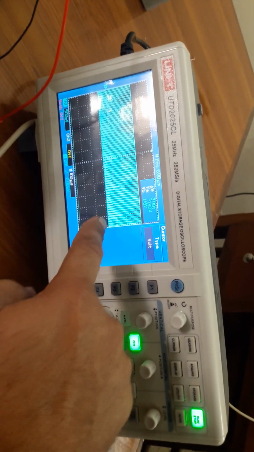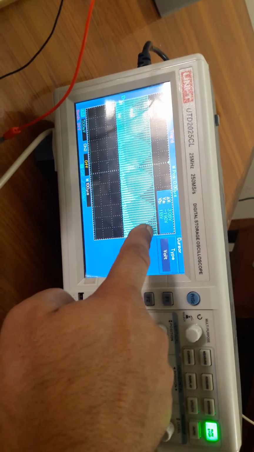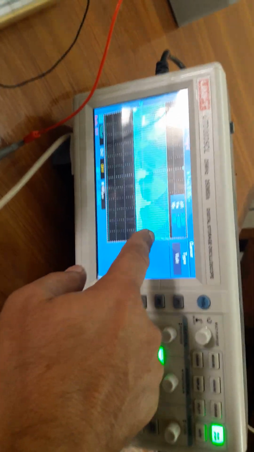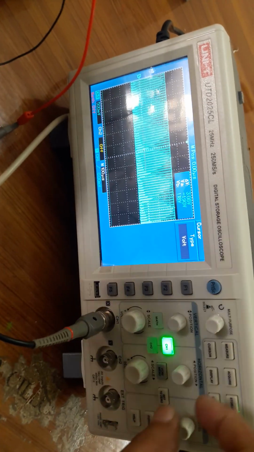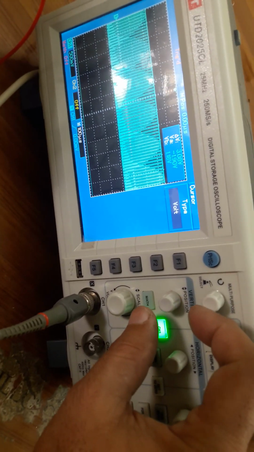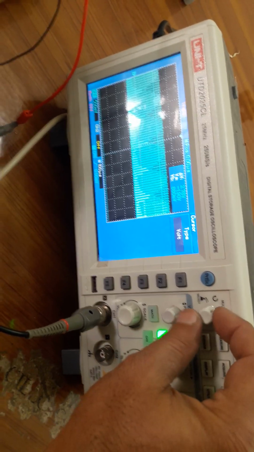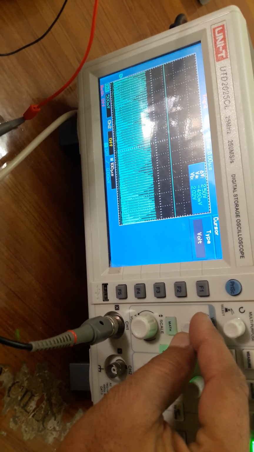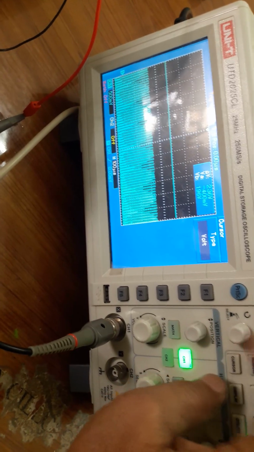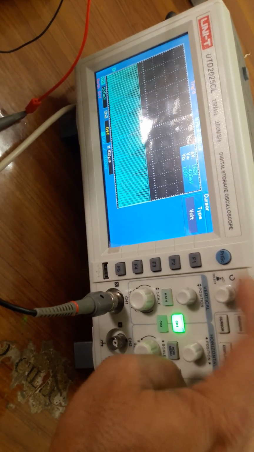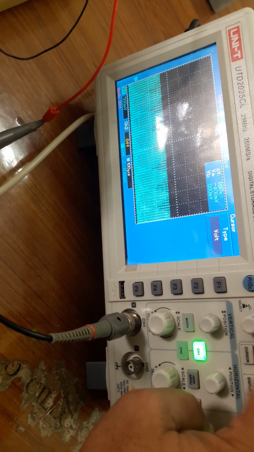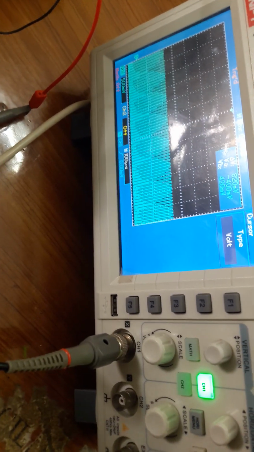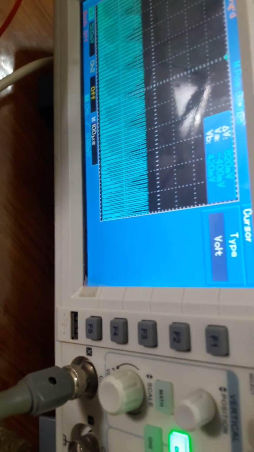One division is 0.5, so 0.5 equals 1 volt, and one division is 0.2 volt, so 0.2 means one division is left, so 1.18 volt is the maximum V peak amplitude, and the minimum amplitude is 420 millivolt.